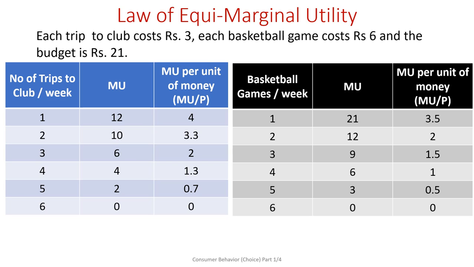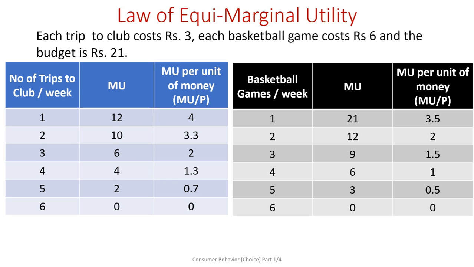For example, a trip to the club costs rupees 3. Therefore, the marginal utility of 1 rupee from the first trip to the club will be 4, and the basketball game costs rupees 6.